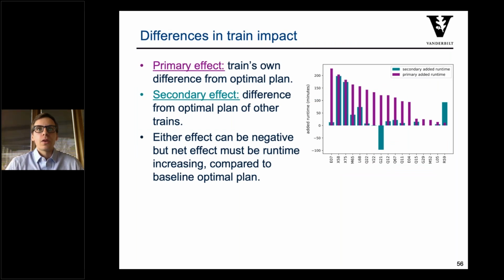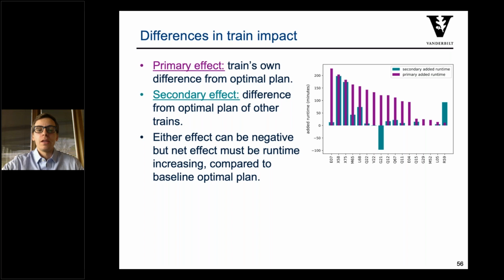And so here is an example of the result of this process, iterating across each train within a dispatch window. We fix each train's trajectory and then replan around that fixed trajectory, and then break that result down into the primary added runtime from fixing that train's trajectory, and the secondary added runtime, that is the effect caused on all the other trains as we try to replan around the train's trajectory.